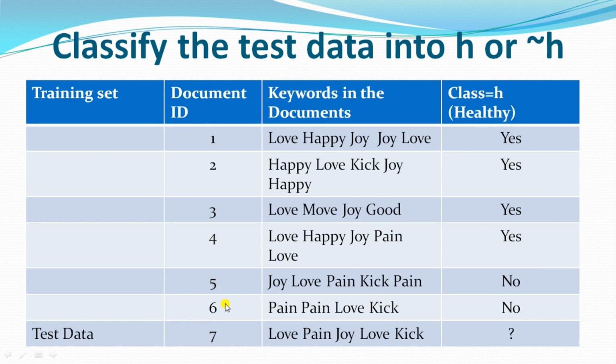Documents 5 and 6 will be in class no, that is the second category. Based on this we calculate the probability.